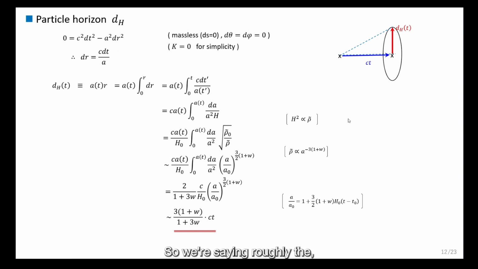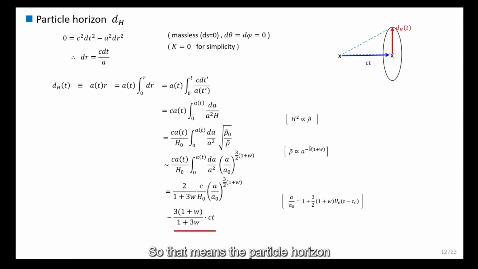Roughly speaking, if you take w for radiation, so w is 1/3, then this gives a factor of 2.